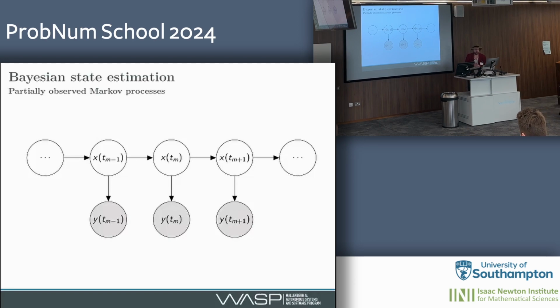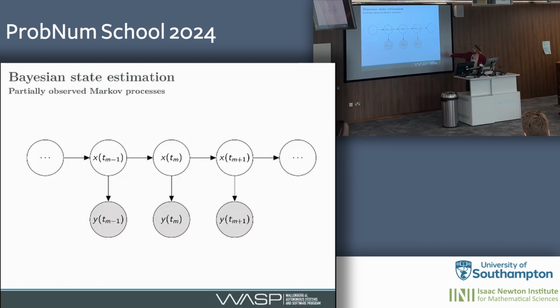Now we've just talked about the prior, so if we're going to do estimation, we need some measurement of it. That typically just means that we measure each state at each time point, maybe. We can skip some time points, but typically we have a measurement corresponding to each time point.